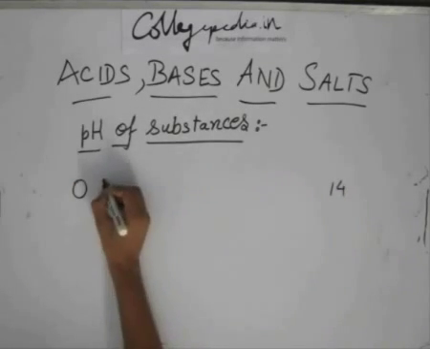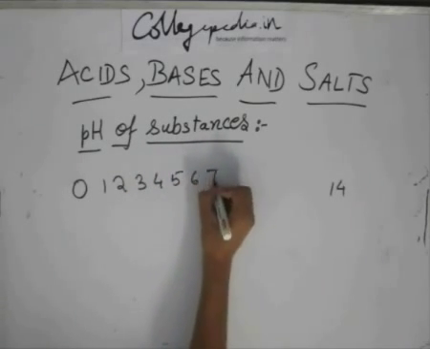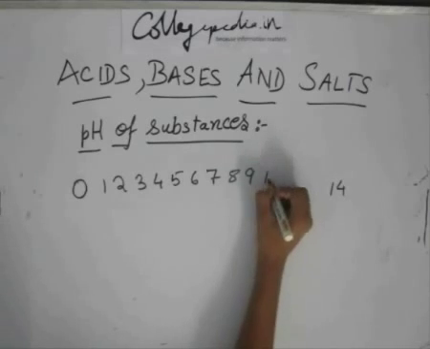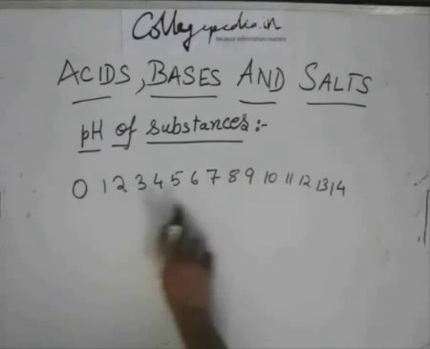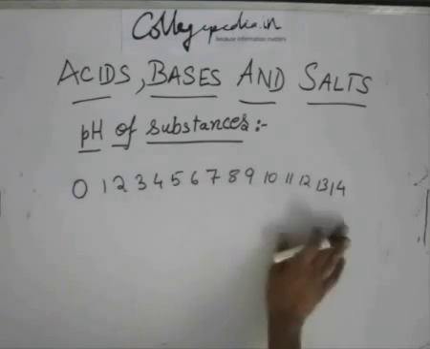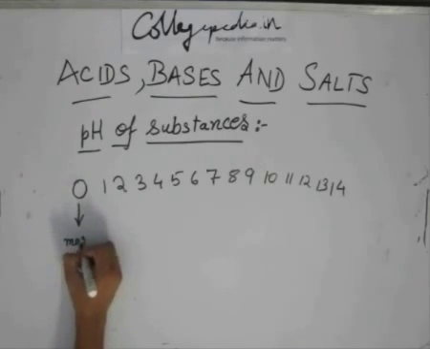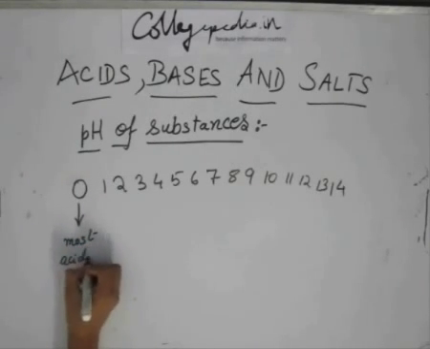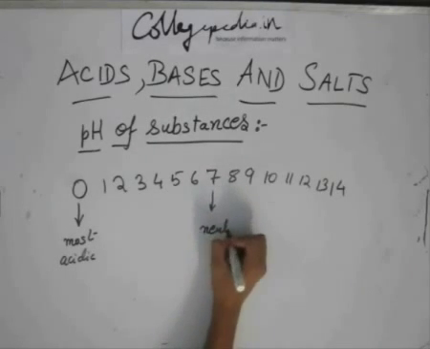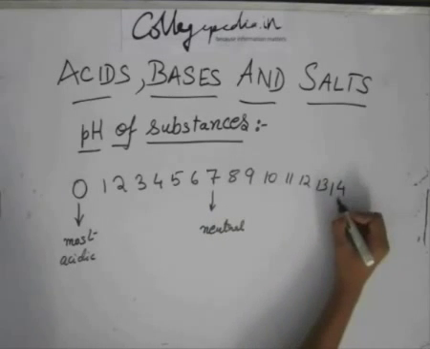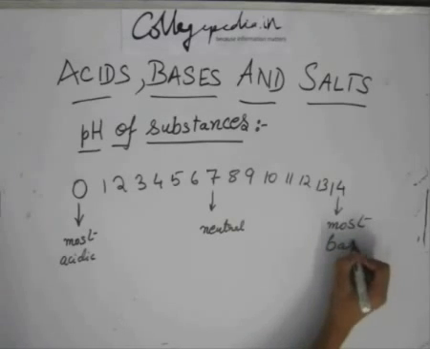You have 0, 1, 2, 3, 4, 5, 6, 7, 8, 9, 10, 11, 12, 13, 14. This is our pH scale from 0 to 14, where 0 is most acidic, 7 is neutral, and 14 is most basic.